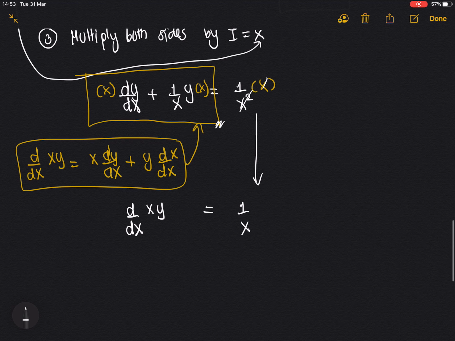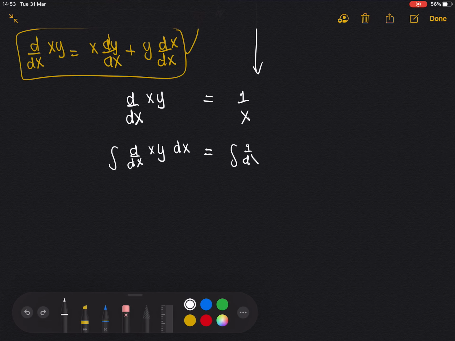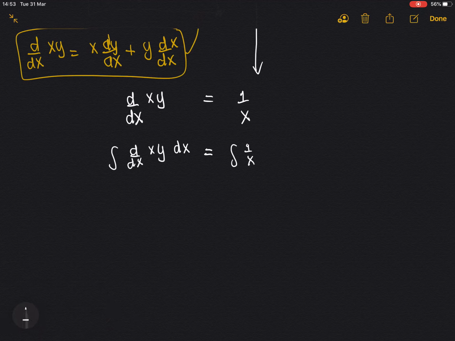Alright, and then you need to perform an integration on both sides of the equation with respect to the x terms. So again, this one is the antiderivative and this one is the derivative, antiderivative and derivative can be cancelled out.